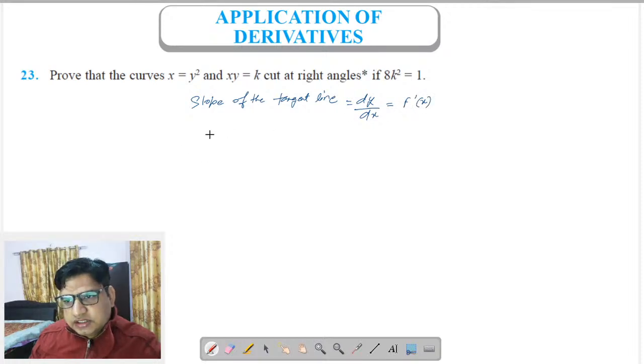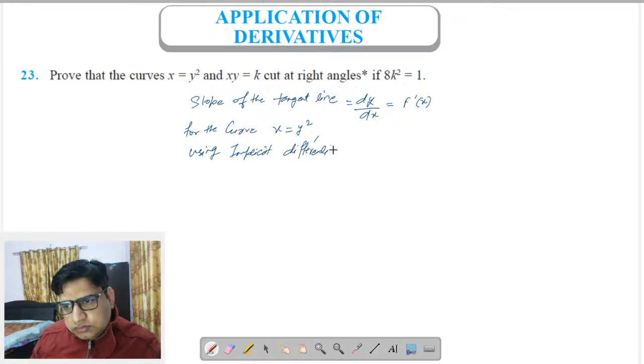Okay, and this is for the first slope, for the first curve, for the curve x is equal to y square, using implicit differentiation to get dy by dx.